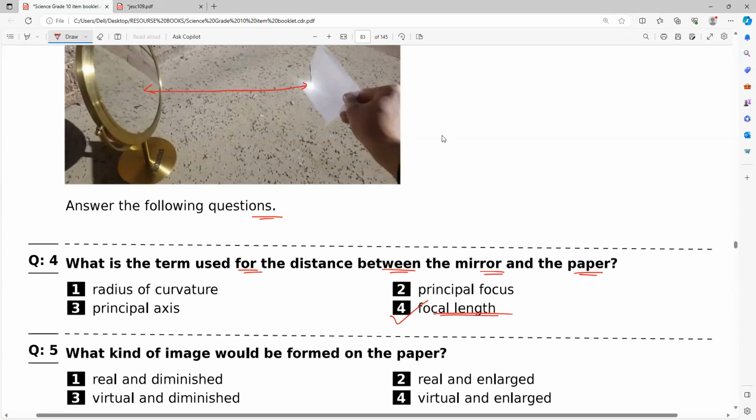In the case of a lens, also the focal length. So please note it.